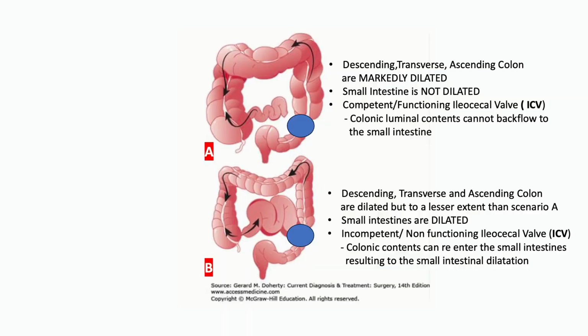This is brought about by a competent or a functioning ileocecal valve preventing the backflow of the colonic luminal contents into the small intestine. However, in scenario B, the distension of the proximal colon is not as distended as in scenario A, and with small intestinal dilatation, which is brought about by an incompetent or non-functioning ileocecal valve.